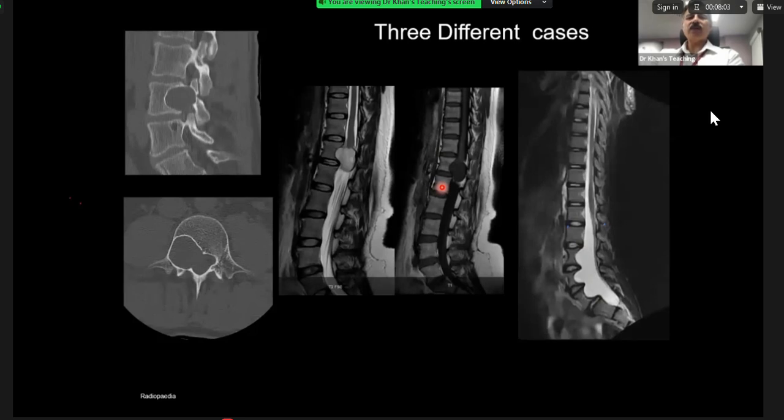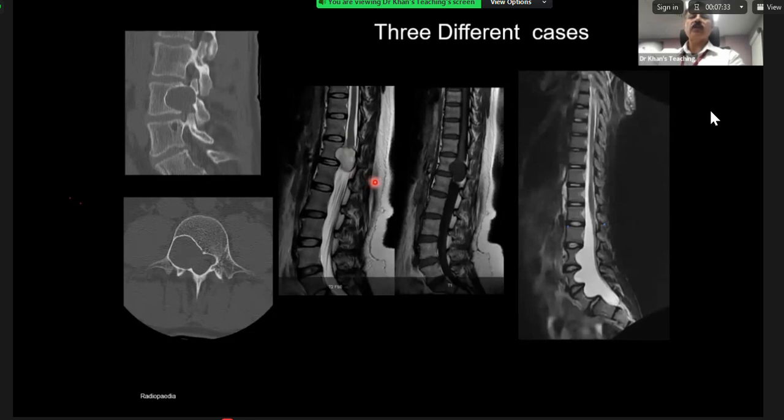First thing you have to do is confirm that this is intramedullary, and for that, correlation with axial is critical. You cannot make a diagnosis because an intradural extramedullary lesion might be sitting here, and this is, by the way, not intramedullary, it is intradural extramedullary. It is pushing the cord and giving you this pseudo appearance. So that is the learning point in this case, that you have to ask for axial in the beginning.